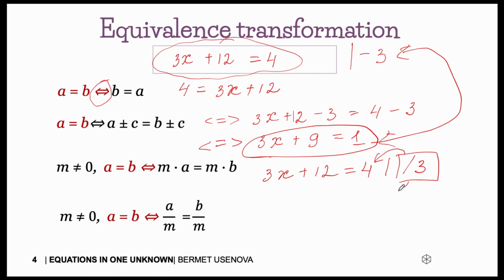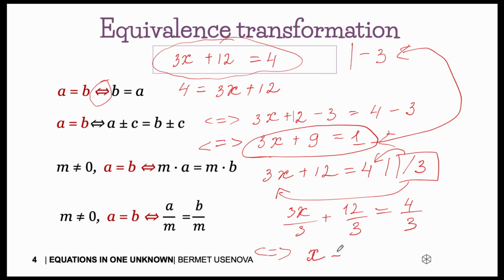So this side and this side as well. It will look like the following: 3x divided by 3 plus 12 divided by 3 equals 4 divided by 3. In other words, we will have the equation x plus 4 equals 4/3.